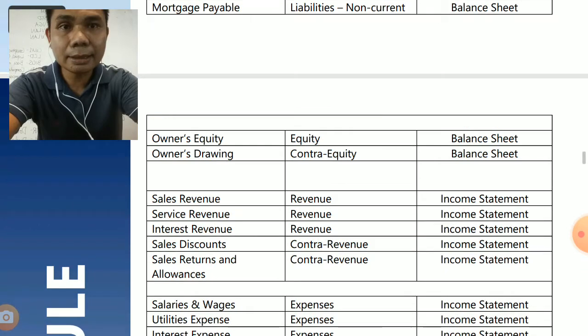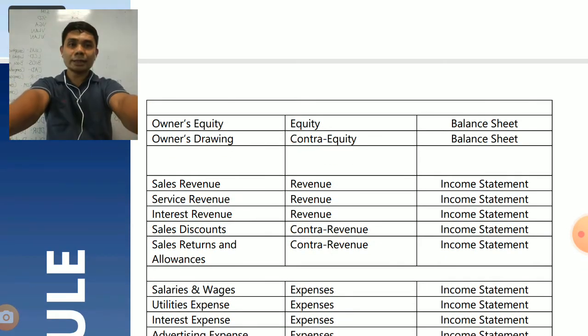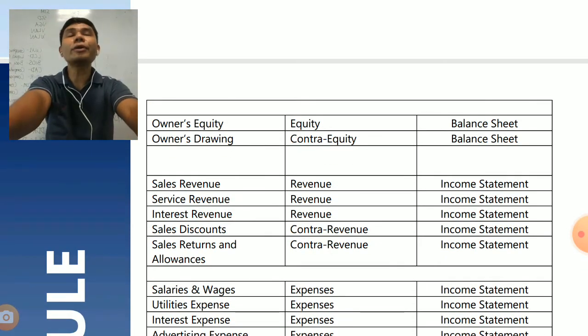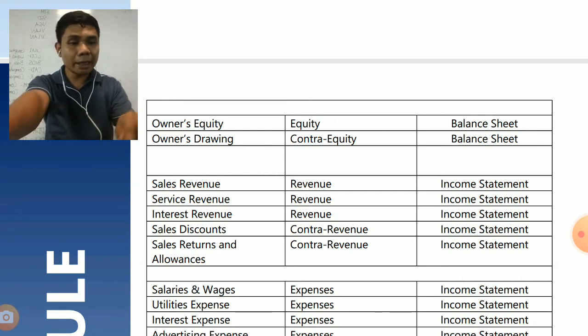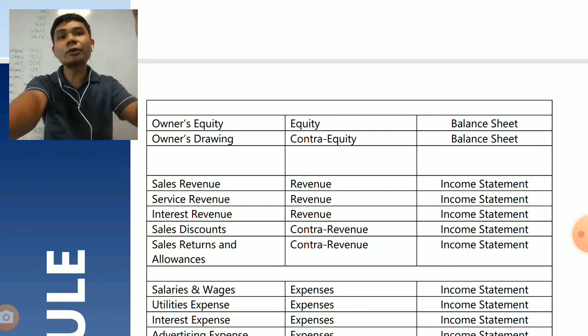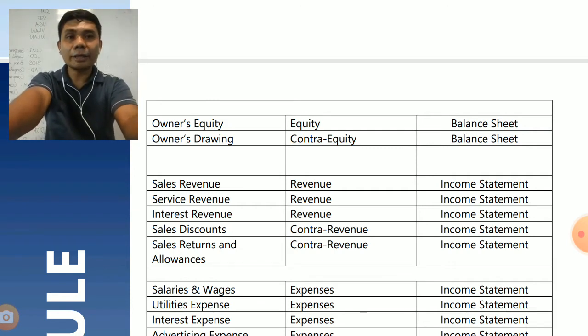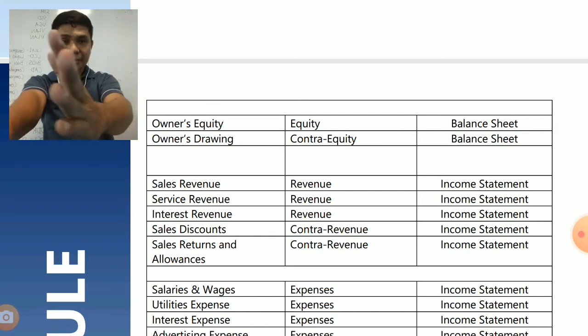So those are liabilities. Another set of accounts is the equity accounts. So owner's equity or owner's capital, apelyido or ngalan sa tag-iya, then capital or equity. Ang normal balance is credit man to, di ba? So, meaning, kining owner's drawing or owner's withdrawal is a contra equity, meaning i-debit ni siya.